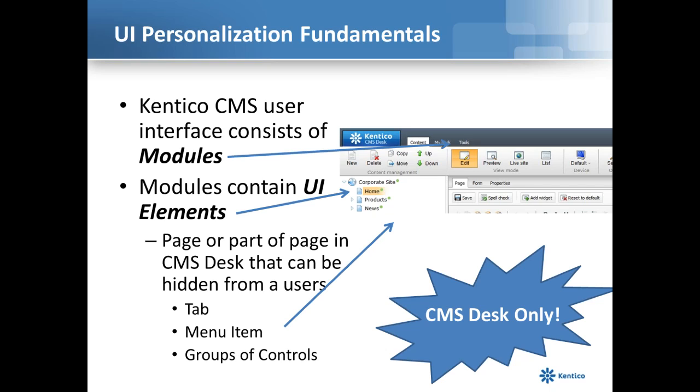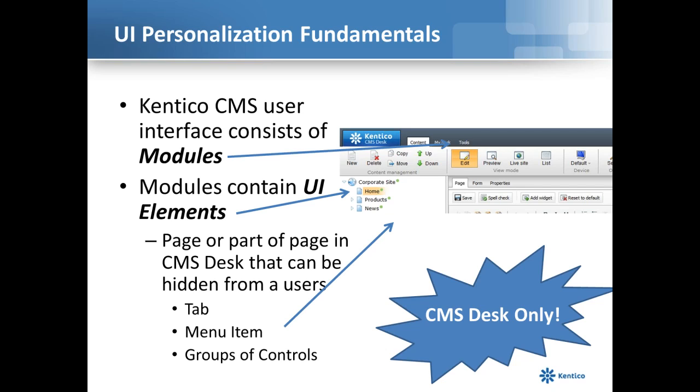At this point, when we're talking about it, we really are only talking about CMS desk. There are a couple of key terms. Obviously, by definition, we have a set of modules, which the Kentico CMS interface consists of, and elements underneath that contain UI elements. These elements can consist of things like tabs, menu items, groups of controls, and are what is often hidden from users.